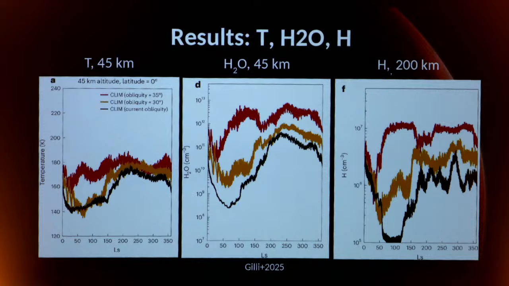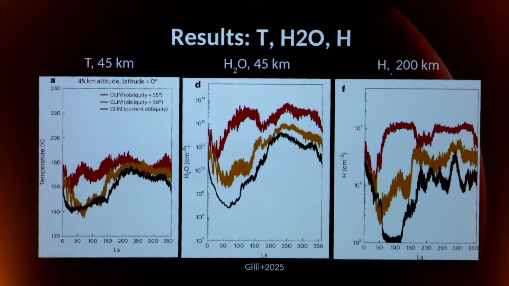So what we see here, if we look at the plot on the left, is that when going from current obliquity to 35 degrees obliquity, there is an important warming of the mesosphere. This was already found in an earlier paper by Jean-Baptiste Madeleine. The reason is that you have an increased sublimation, you have more water vapor in the atmosphere, and you start forming thick water ice clouds.